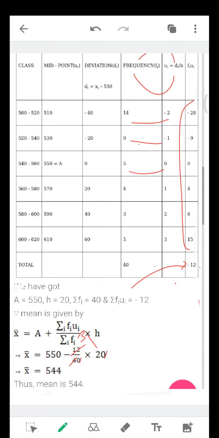So that is the mean of this table. 544 is the mean of this table. Hope it's clear to you all. Method is quite longer, but it's not difficult. If you have doubt, replay, watch the video again till you understand the concept.